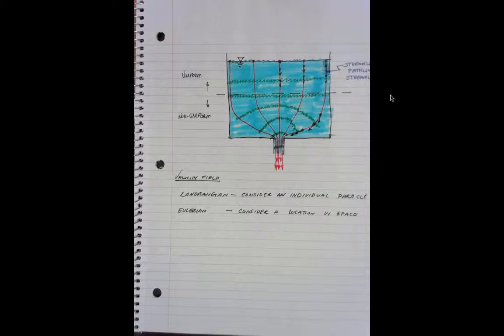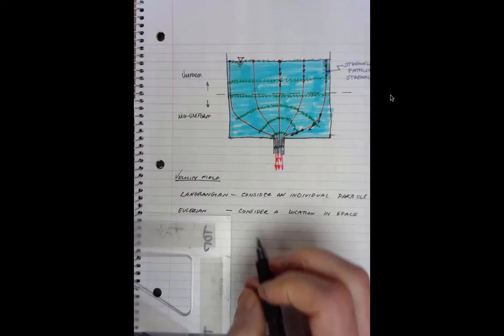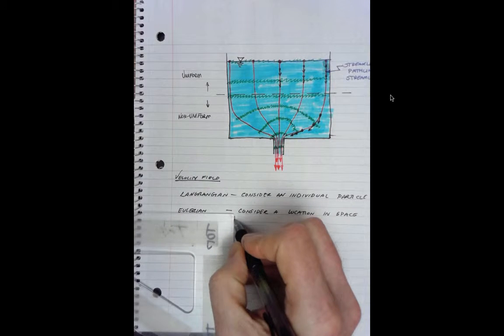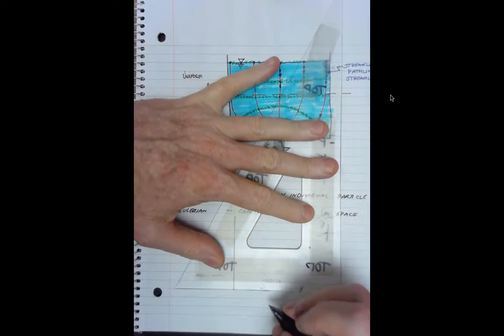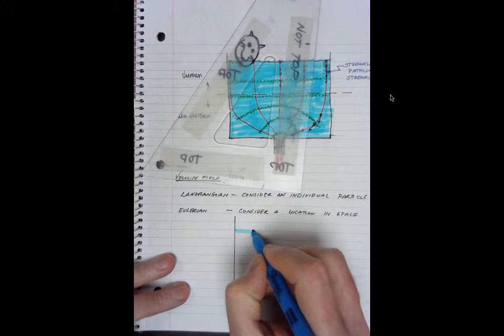If we look on page 121 of the book, it has a nice discussion of this dimensionality that I just mentioned. All right, let's look at a reference location up here in our fluid, and I'm only going to look at a portion of it.